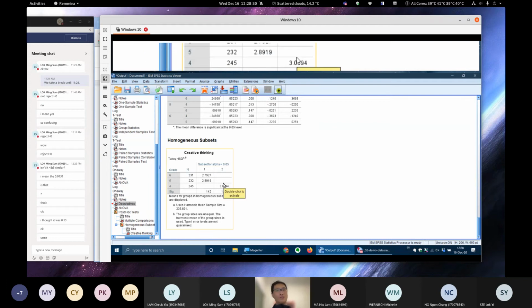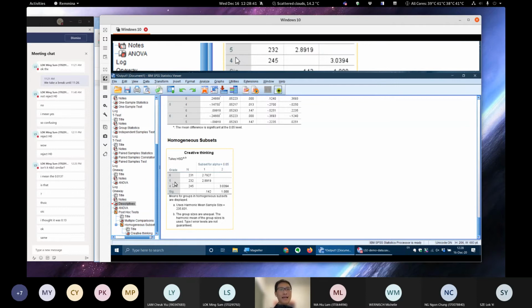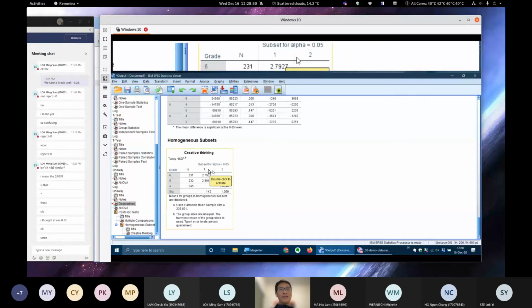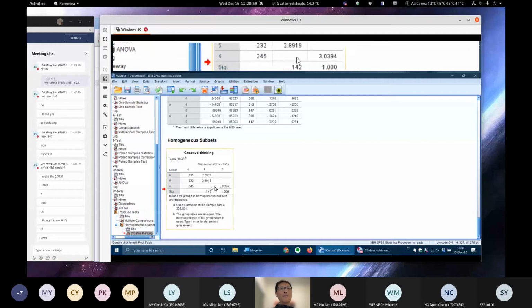Now, the second table also shows you something similar. This table is representing the answer in a slightly different way. Basically, we have 3 groups, and SPSS tries to categorize these 3 groups into different groups here. So 5 and 6, they are together. It means that they have the same population mean, but grade 4 is in its own column.